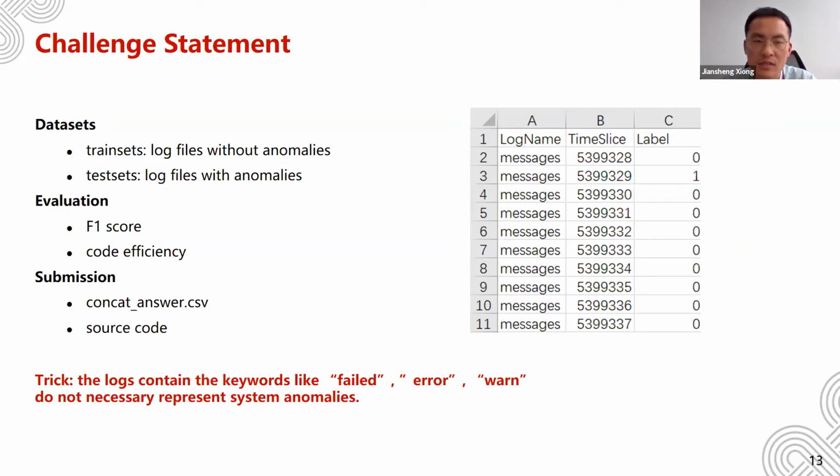It's text, and we have the labels of the test sets. When the participants upload their results, we can compare their labels with our labels, and we can compute the F1 score. Yeah. Thank you.